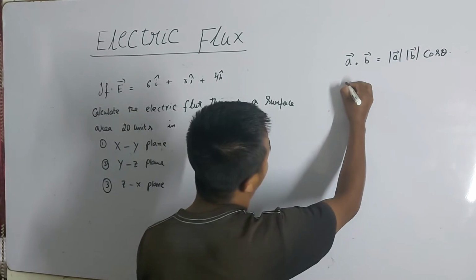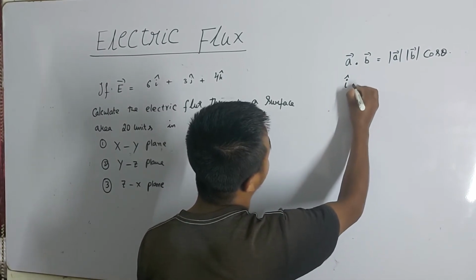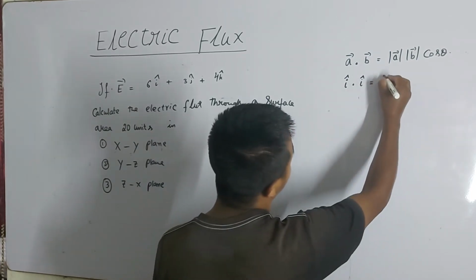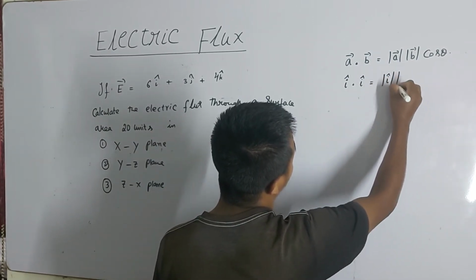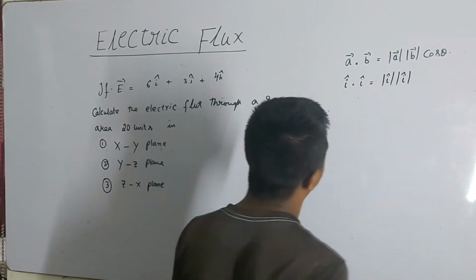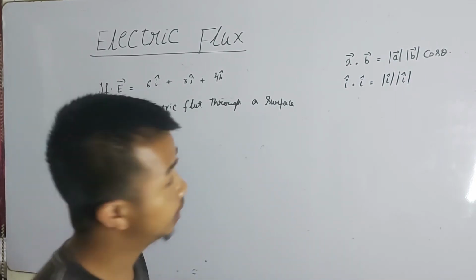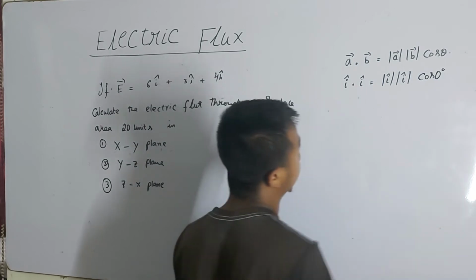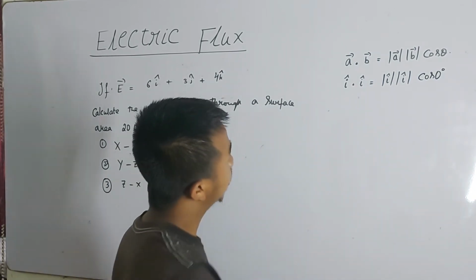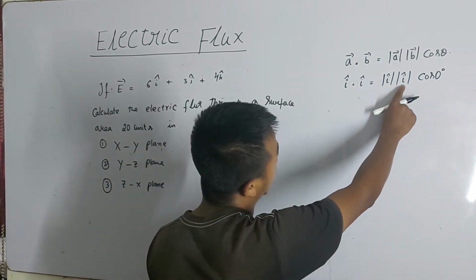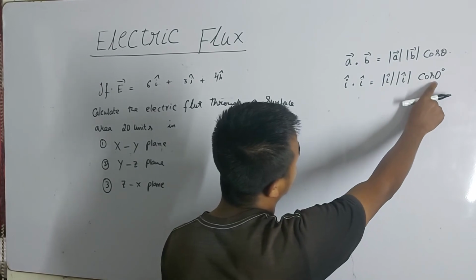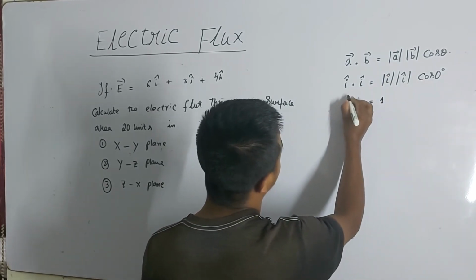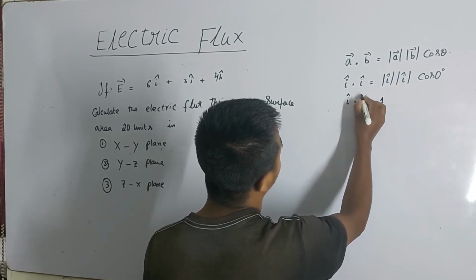Therefore, for i dot i, we write mod of i, mod of i, cos 0 degrees. What is the angle between i and i? It is 0. Mod i is 1, and cos 0 is 1. So 1 into 1 into 1 becomes 1. So this is i dot i equals 1.